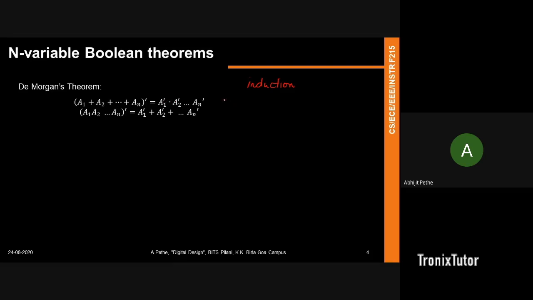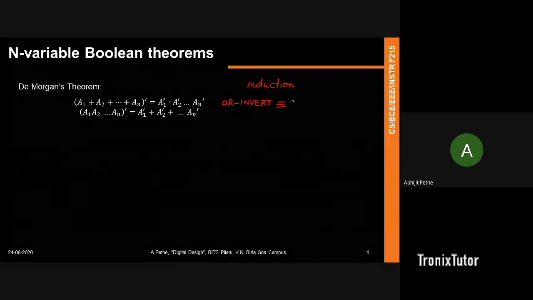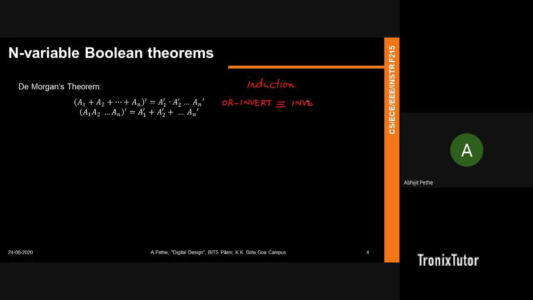So if I do an OR first and then invert, it is equivalent to inverting first and then ANDing, right? This is important because suppose I want to implement this function, I can either implement it by doing all the OR gates first and then a final inversion at the end, or I can do the other way around where I invert all the inputs and then send them through an AND function.